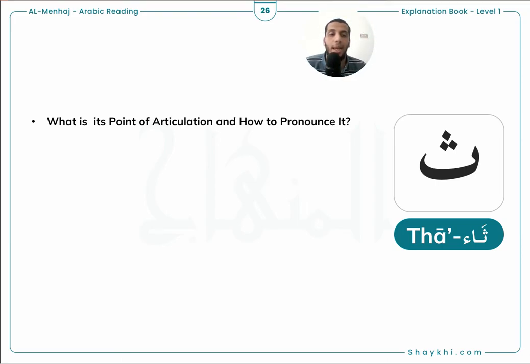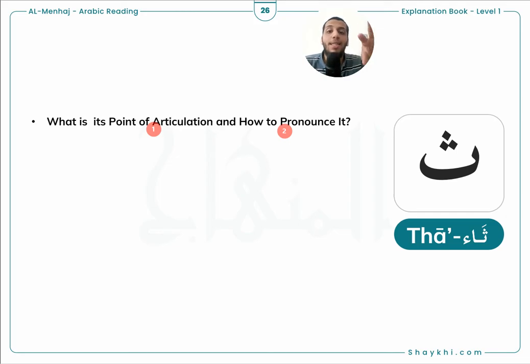These are 2 different points. The points of articulation are the organs that we use to pronounce this letter, but how to pronounce this letter is how we use this organ to pronounce it.